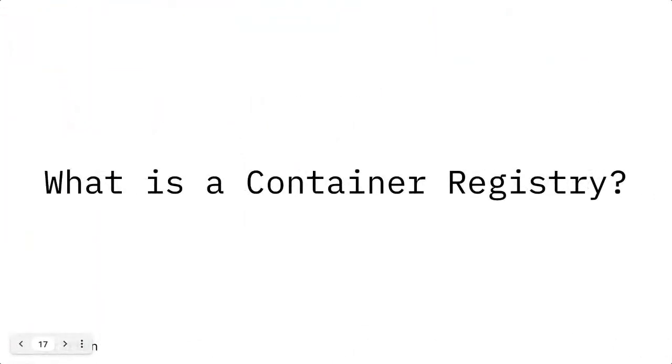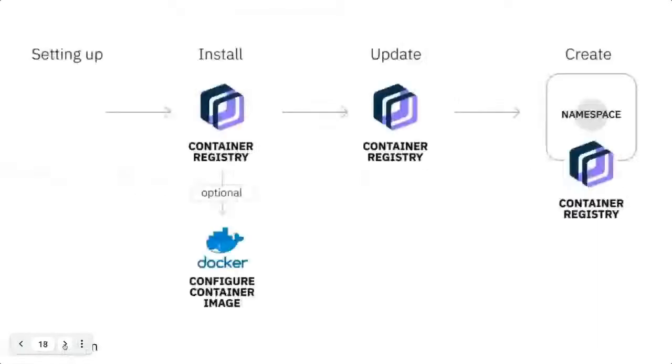Container registry, we're not going to touch too much on this, but I just wanted to introduce it to you. So when we have all of these container images, right, where do these things live? One place that they live is within a container registry. There's two types of registries, public and private. Public registries are great for individuals or small teams who want to get things up and running as quickly as possible.